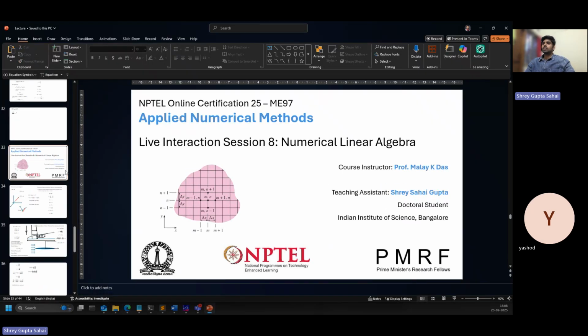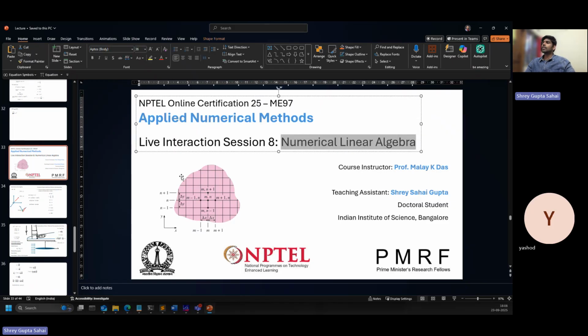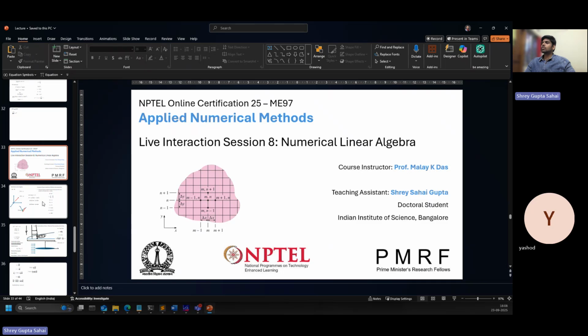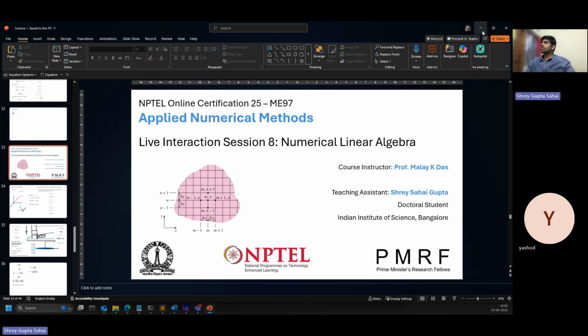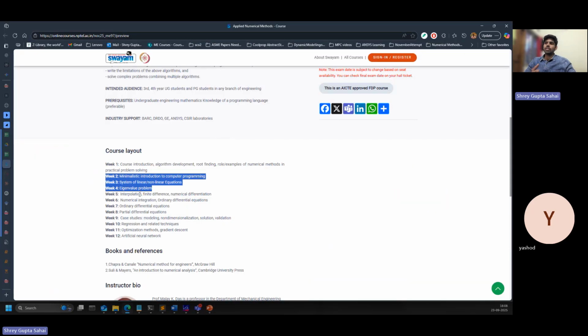To design a TA session around numerical linear algebra, I started looking into a very prominent matrix decomposition, especially in the setting of solving Ax equals b. People are introduced to Gauss elimination, and that is what is done in this course as well.